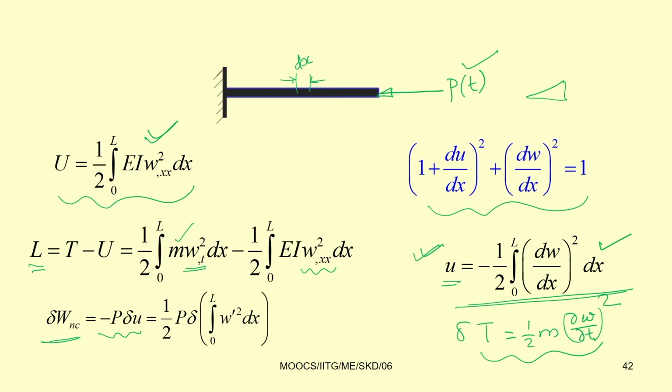That is equal to half P into, for u you substitute this expression, so you get half P integral 0 to L W dash square dx. Now, by knowing L and delta W_nc, we can easily derive the equation of motion using those expressions.